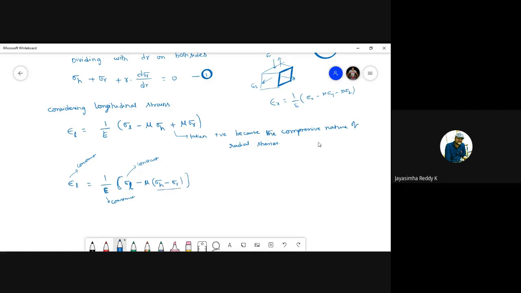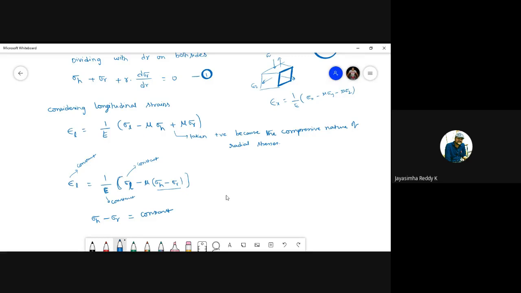So if you make sigma H minus sigma R the subject, all constants will move to the other side, so this will also become a constant. Constant in the sense, let me assume sigma H minus sigma R as 2a.